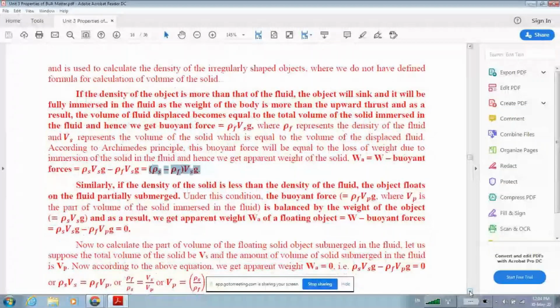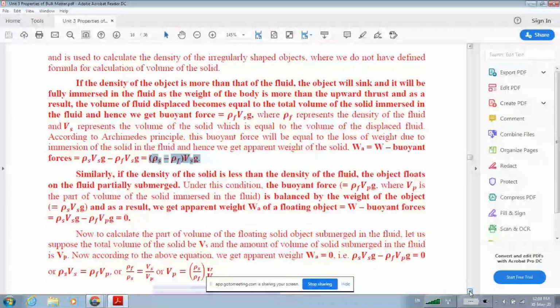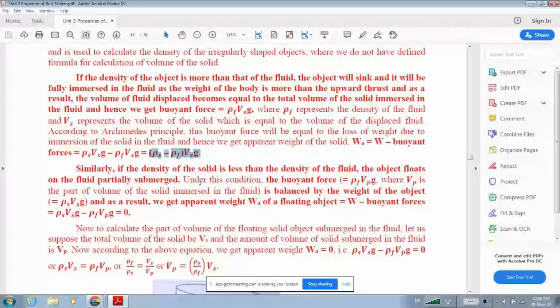Similarly, if the density of the solid is less than the density of the fluid, the object floats on the fluid, partially submerged. So under this condition, the buoyant force is given by, let us suppose Vp portion of the volume is submerged in the fluid.